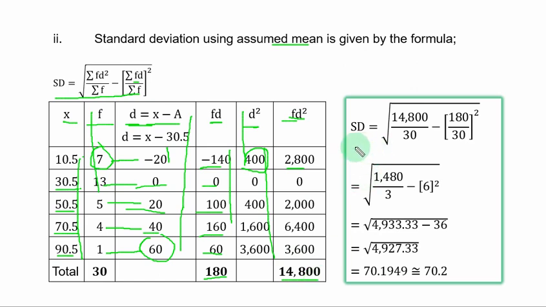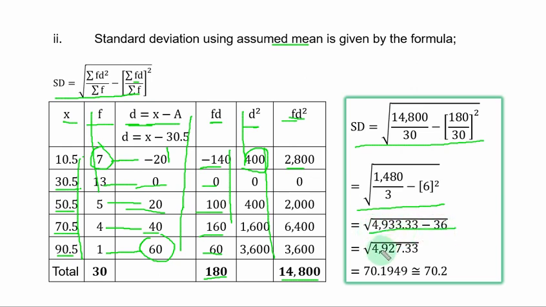So in the standard deviation formula, you replace the various terms, summation fd squared, summation f, summation fd, with what they stand for in this formula. So that simplifies to this. If you divide and evaluate, you have this result.